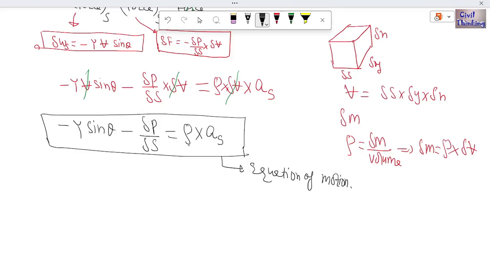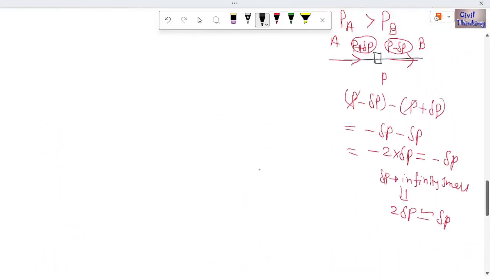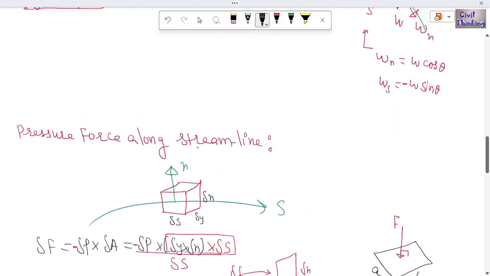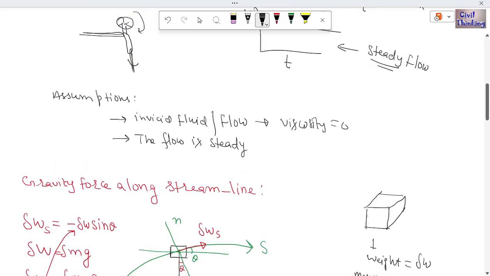Now, I want to tell you something important about this acceleration, because we have to know what this acceleration along the streamline is. I told you about the assumptions: the flow is steady. It means what?